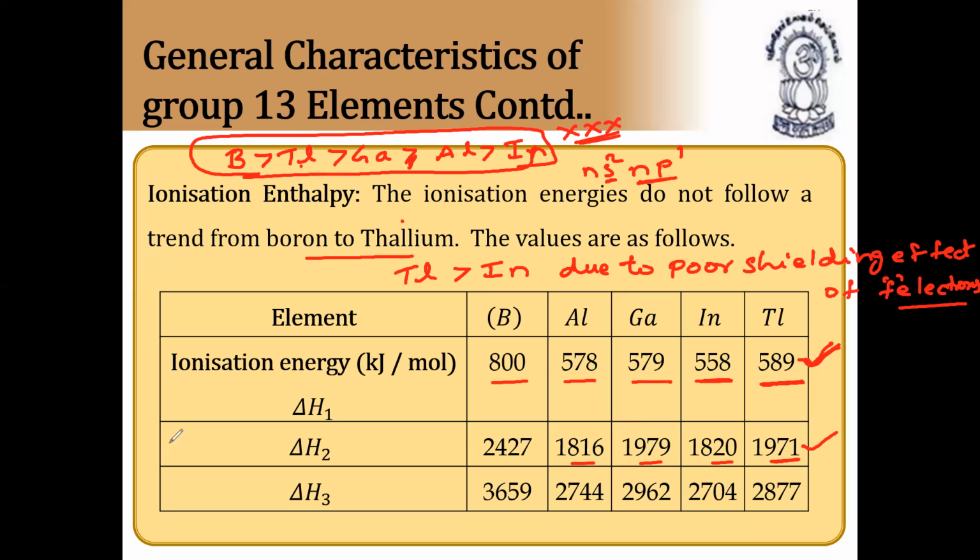So the second ionization energy follows the order, in decreasing order: boron greater than gallium, greater than thallium, greater than indium, and finally aluminium. So this is the second ionization enthalpy order.